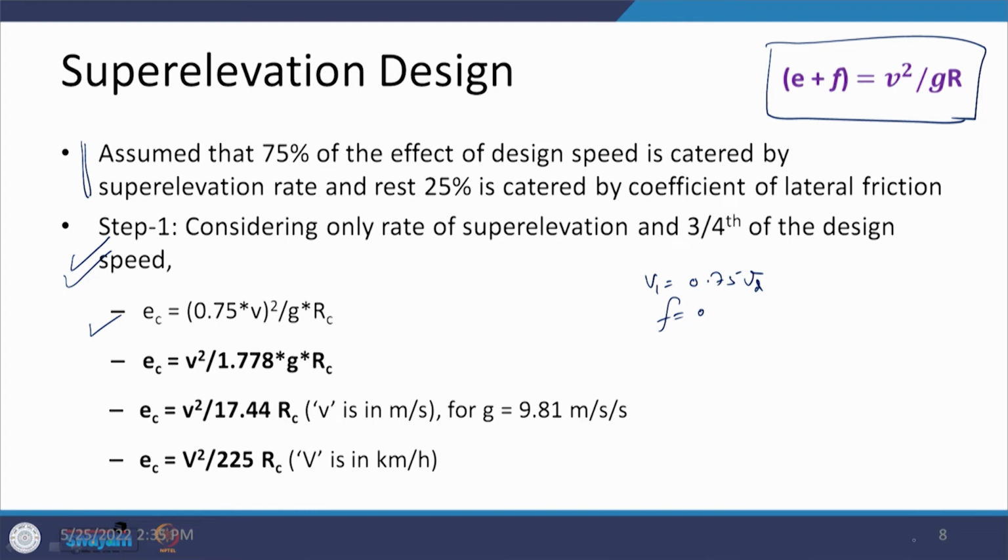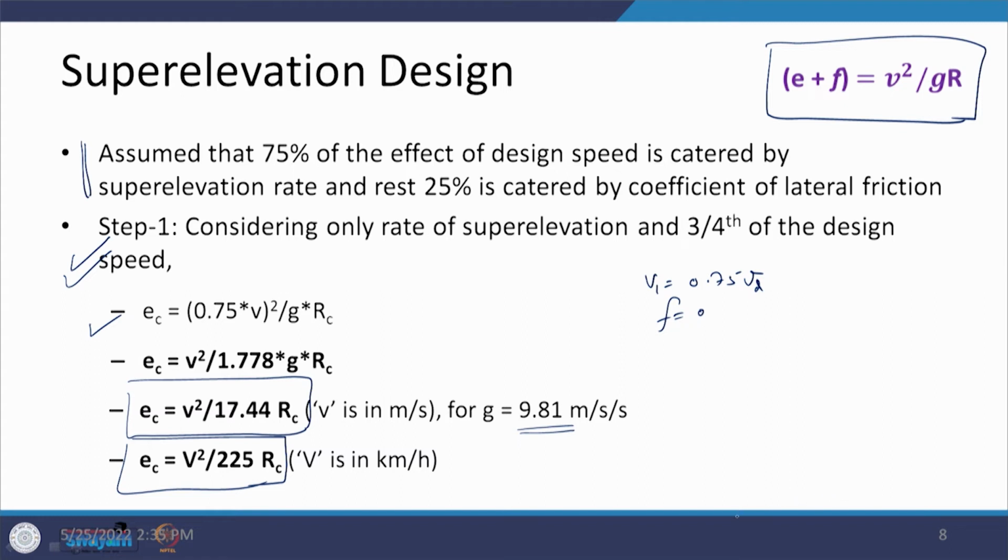Now, when we start putting the values here and normalize it, what we get is EC is equal to V square divided by 1.778 into gRC, and if we put the value of g as 9.81 meter per second square, then EC is equal to V square divided by 17.44 RC, and if we convert the value of V to kilometers per hour, the equation becomes EC is equal to V square divided by 225 R. That means, if we have been given the speed with which the vehicles are moving on a road and on that road a curved section has been provided with a radius RC, then we are going to get a value of EC.